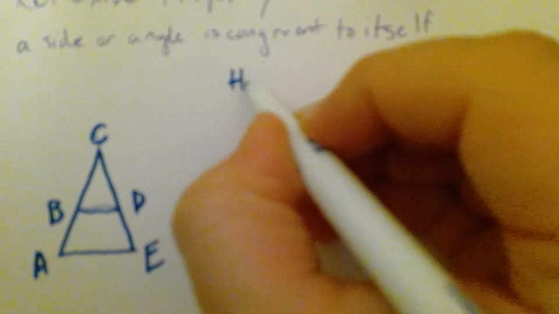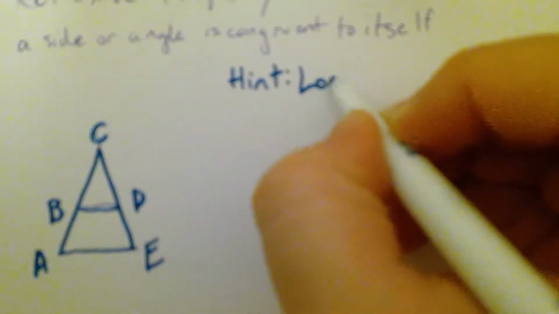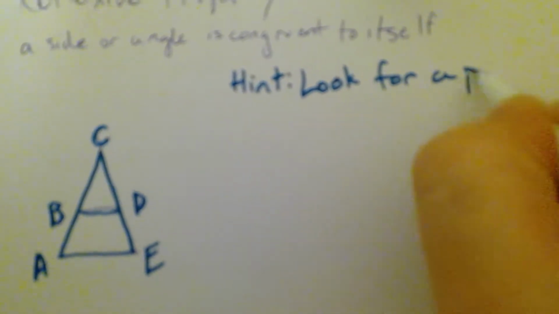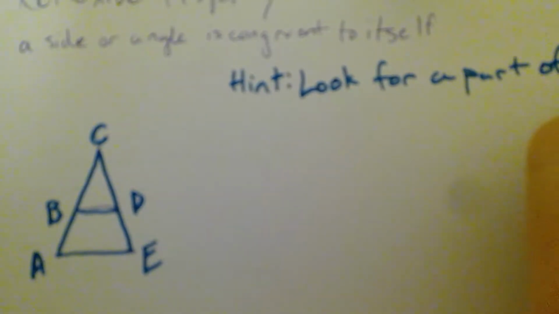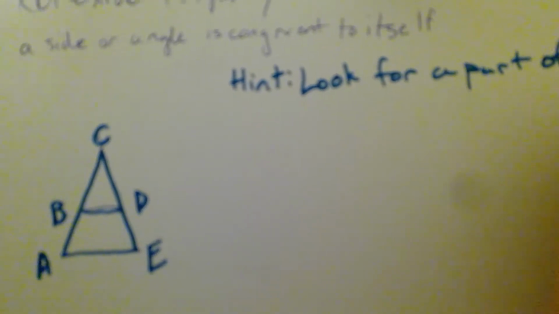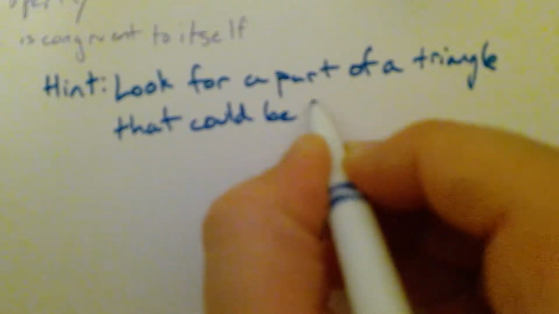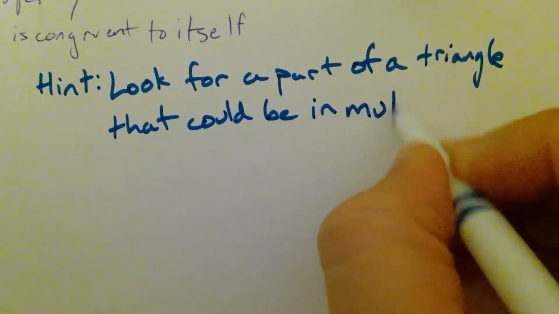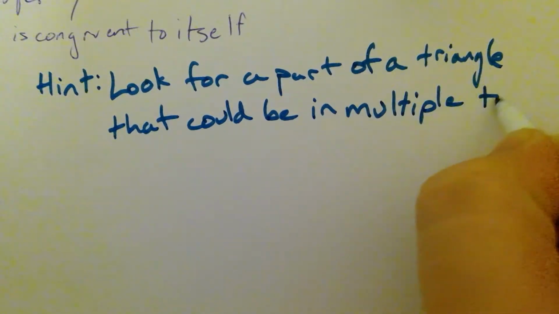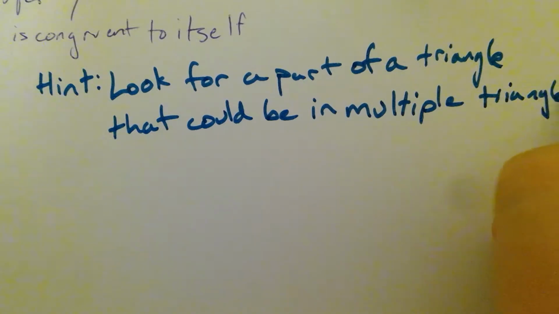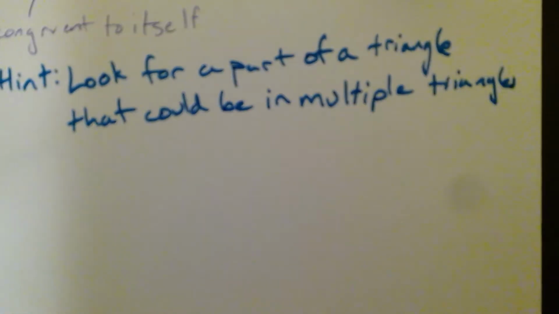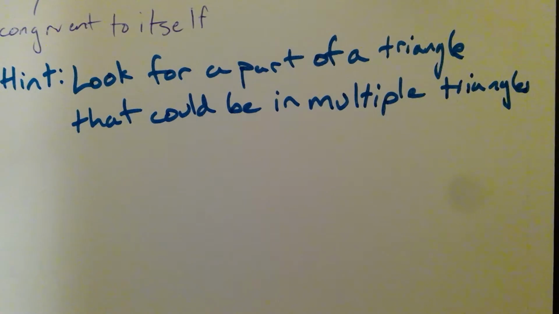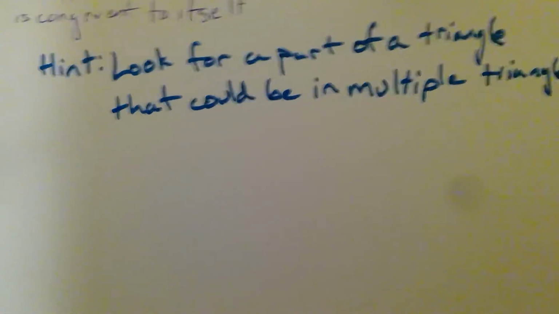So, hint: look for a part of a triangle that could be in multiple triangles. We're going to do just that when we look at our figure right here.